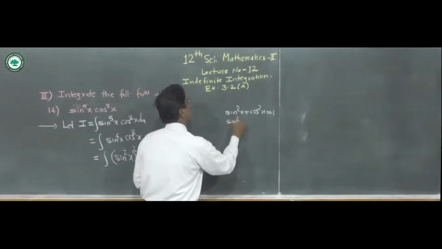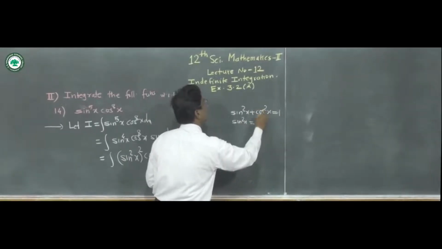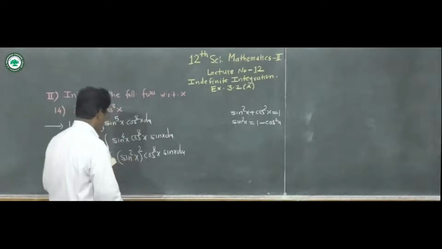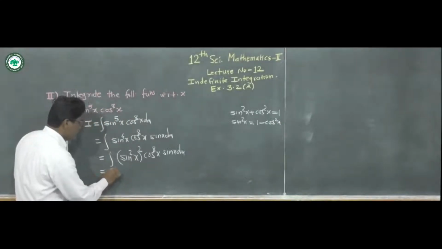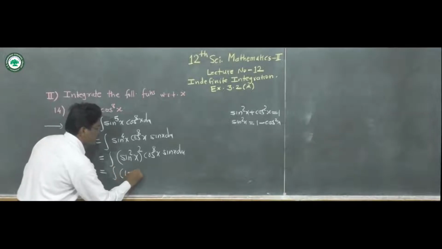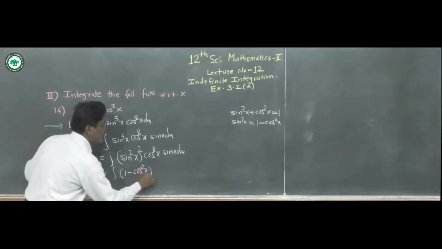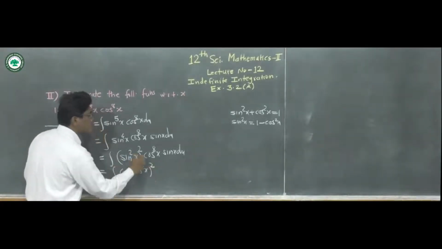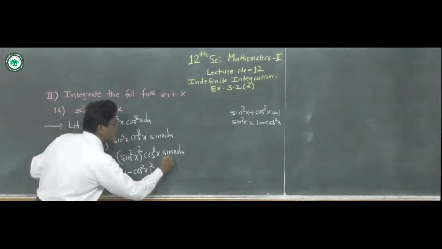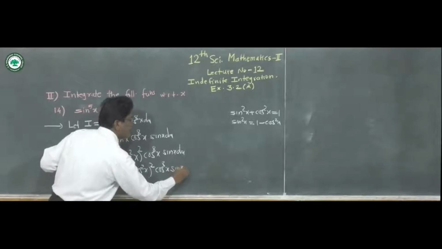So it is equal to integration of 1 minus cos square x, bracket square, and cos raised to 8x into sin x dx.